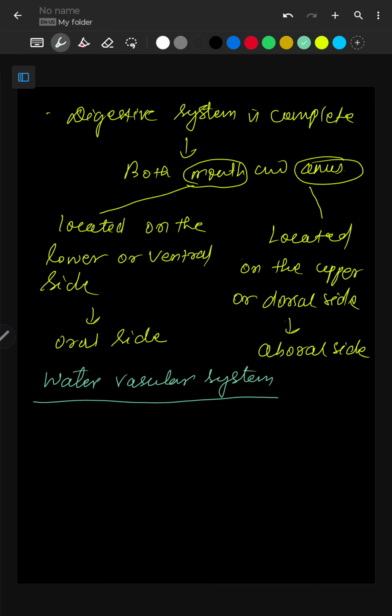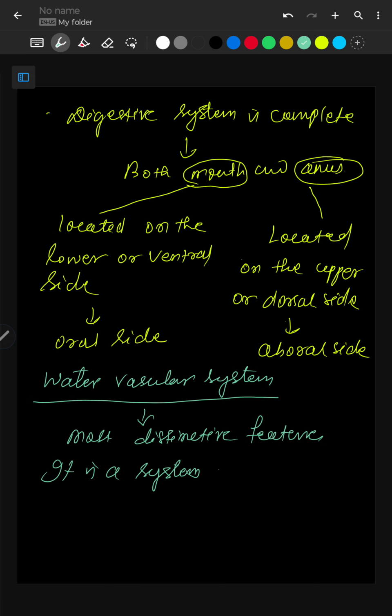Okay, so this is the most distinctive feature of Echinodermata, and it is a system of fluid filled canals.